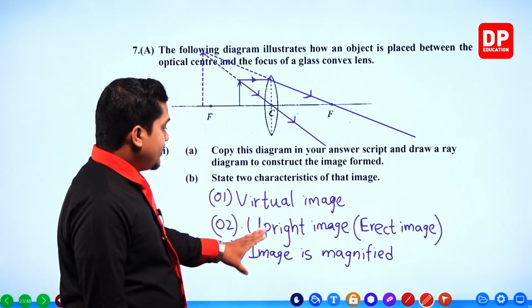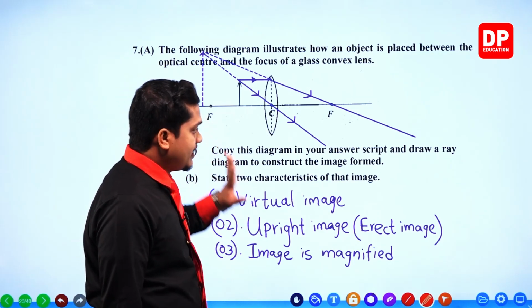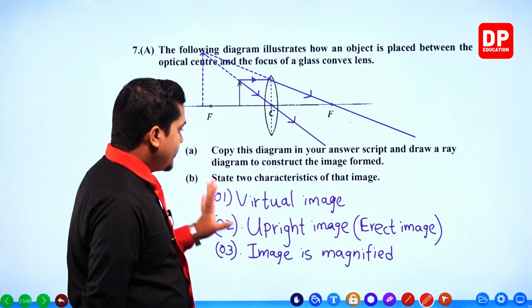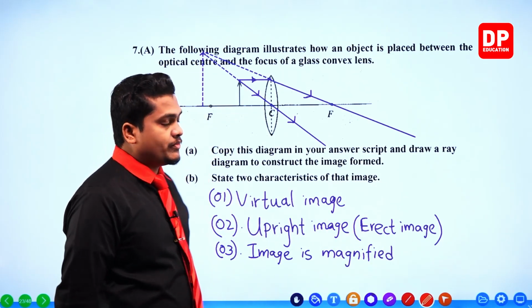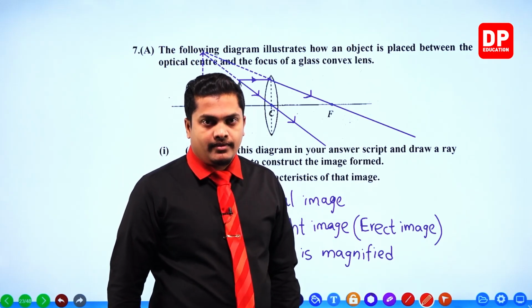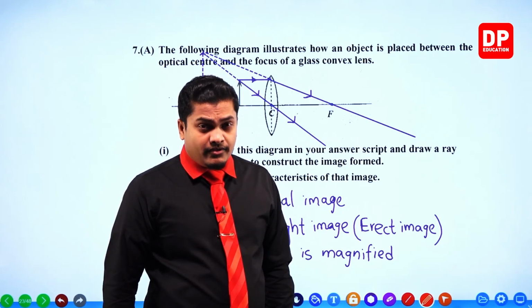Then it is an upright image. That means for the same direction as the object, the image has been created, or else an erect image. Then this is a virtual image, my dear children, which means we can't take this image onto a separate screen. It's quite easy to identify virtual images.